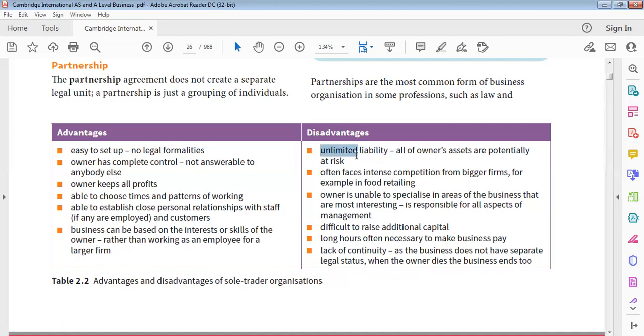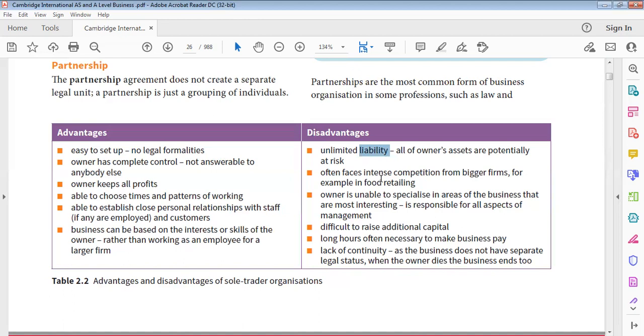Okay. So unlimited means your liability is never limited. It can go beyond your business into your personal life. If you can't pay your suppliers, you might have to sell your personal assets. You might have to sell your PS5 or your car or your house.